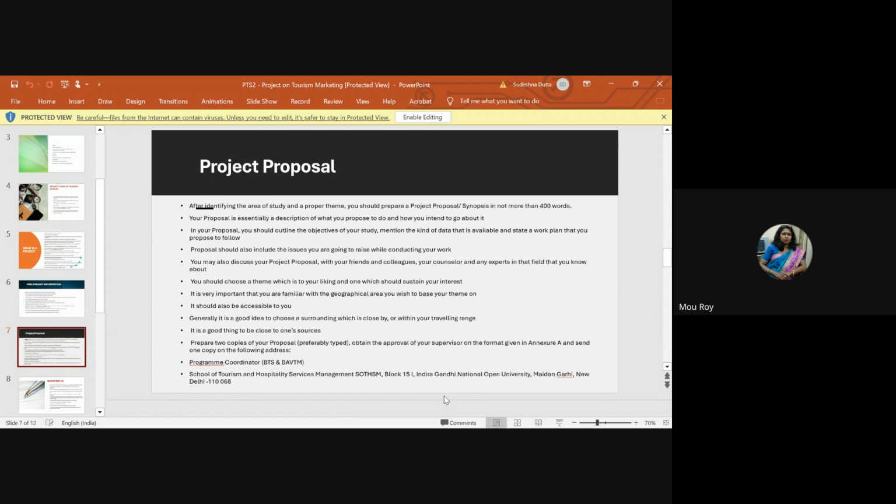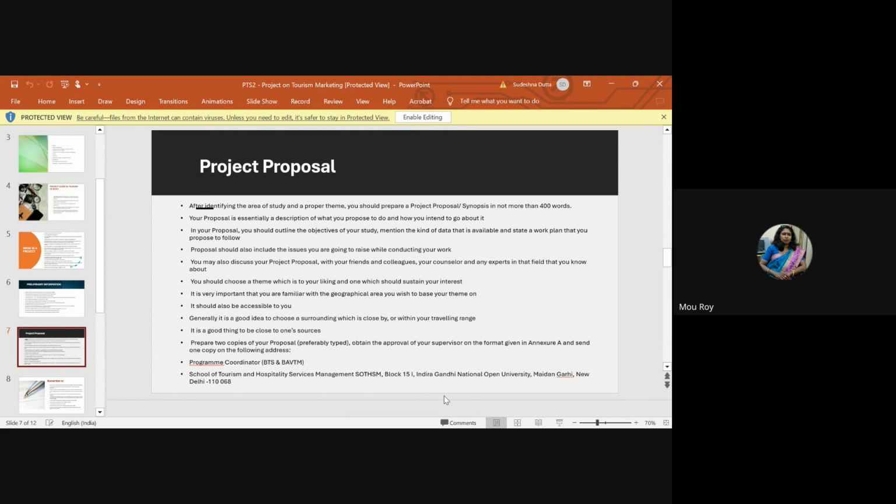Once the supervisor acknowledges it, then you start your work. That will be within another 3 months. So you have to write in depth, in description, which should be maximum 5,000 words. Okay. So the proposal should also include the issues you are going to raise while conducting your work.